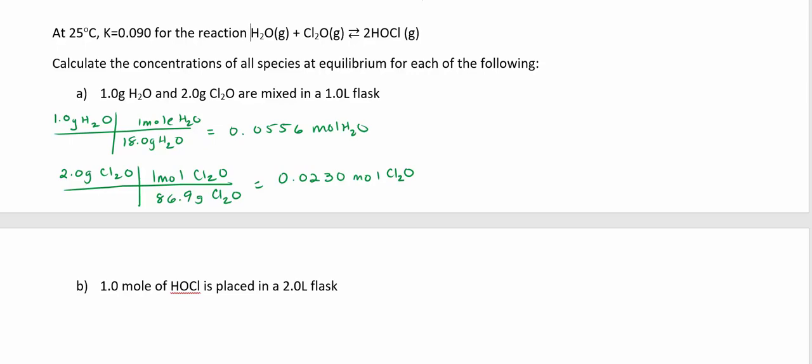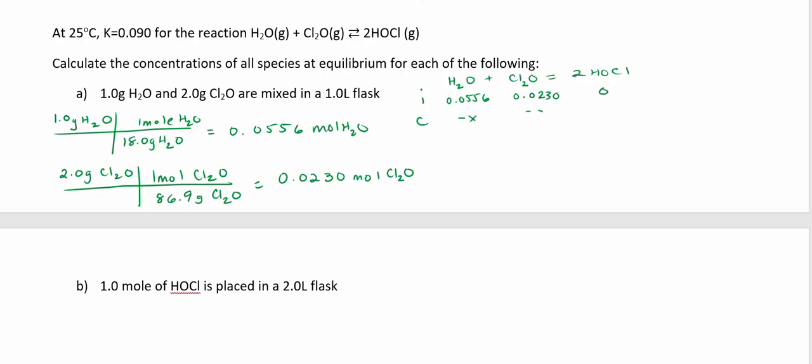Now we need to calculate the concentrations of all species at equilibrium. So first, I have H2O, Cl2O, 2HOCl. Initially, I have a concentration of 0.0556. Initially here, I have a concentration of 0.0230 and no product initially.